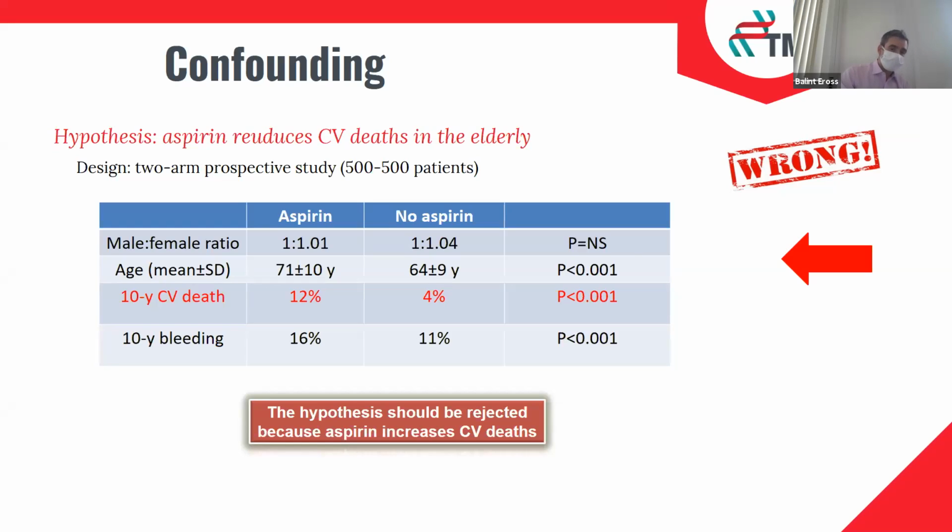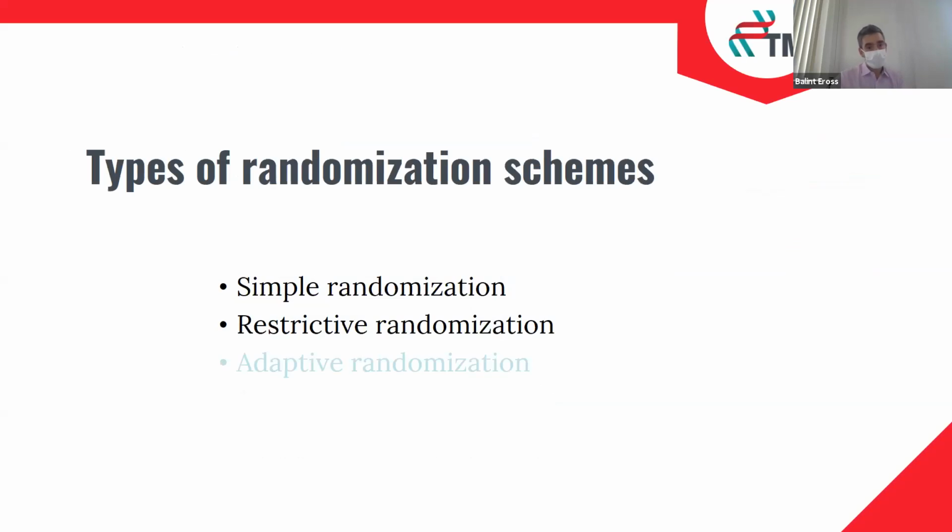It was a retrospective analysis, and selection bias was so high that patients who were enrolled in the aspirin group died more commonly and more often, of course, because they were nearly 10 years older than the no aspirin group. This is the kind of selection bias which is inherent in observational studies, even if they are prospective.